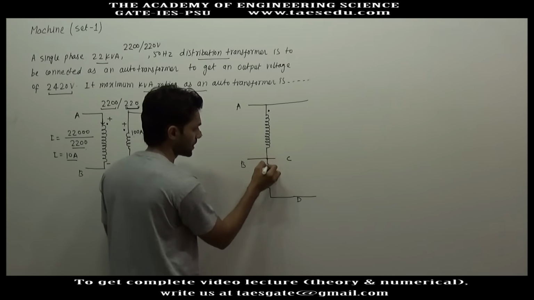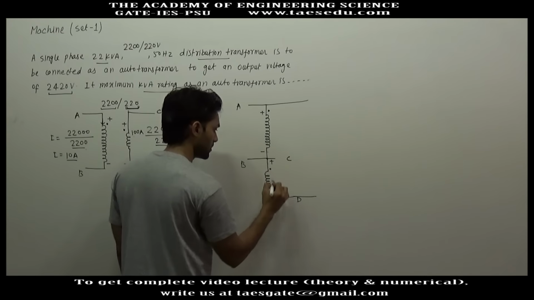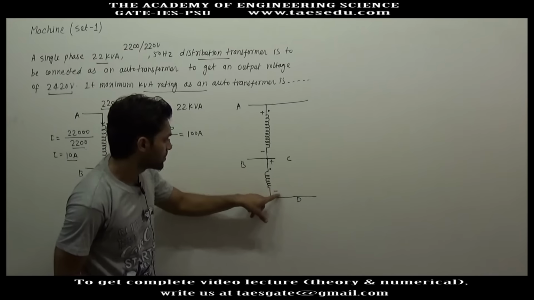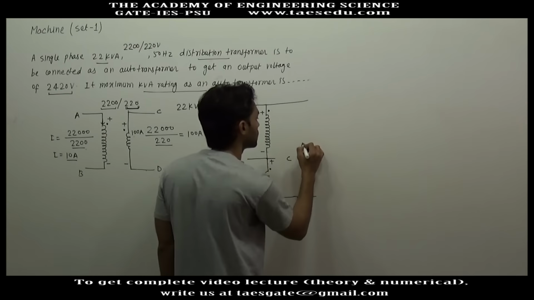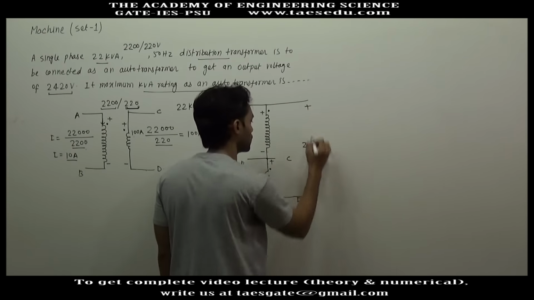The positive and negative are connected. Here you have positive, negative, positive, negative. So positive and negative are connected, and at the remaining terminals you will get 2420 volt. This is the output terminal.